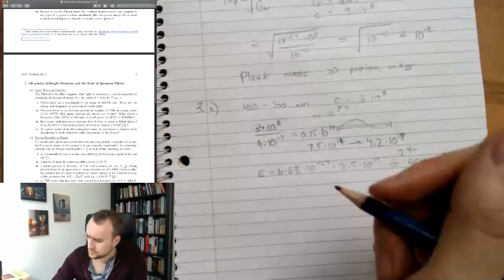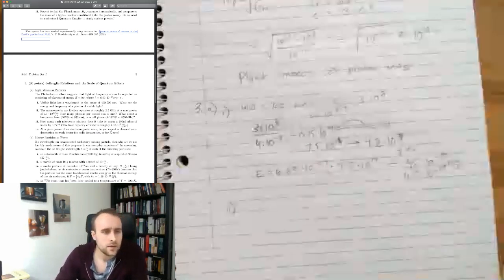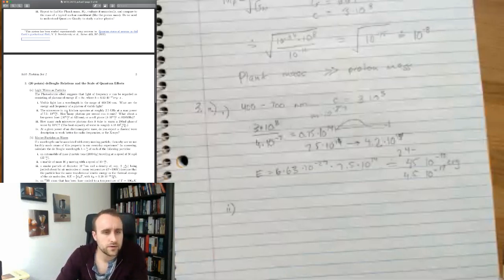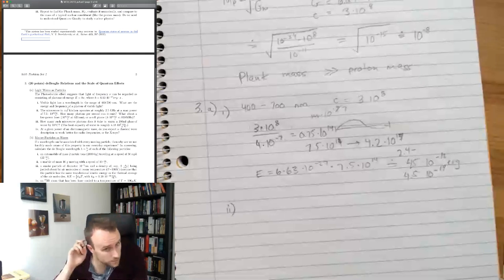All right, this is 1, 2. The microwave in my kitchen operates at roughly 2.5 gigahertz at a max power of 7.5 times 10 to the 9 erg per second. How many photons per second can it emit?